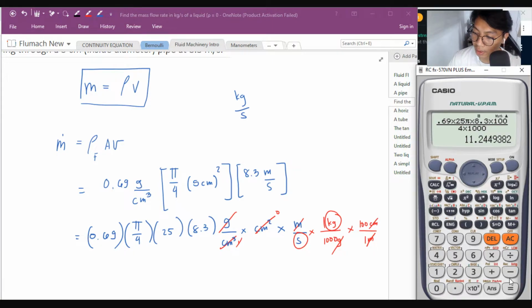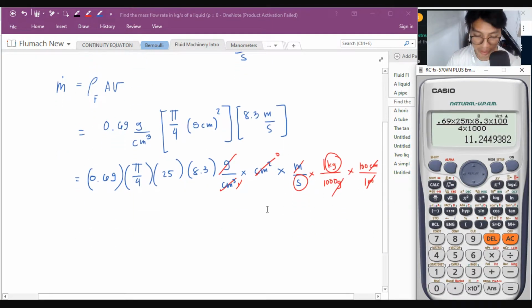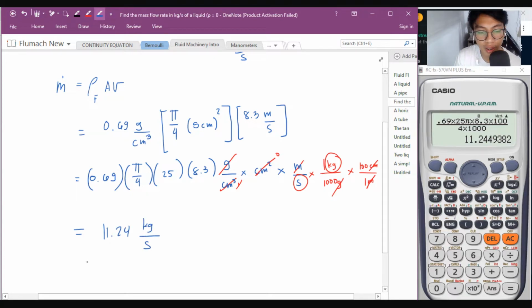What will be the answer? 11.24 kilogram in every second. Okay? Yun yung sagot. Very basic. 11.24 kilograms in every second. That is the mass flow rate of the system.